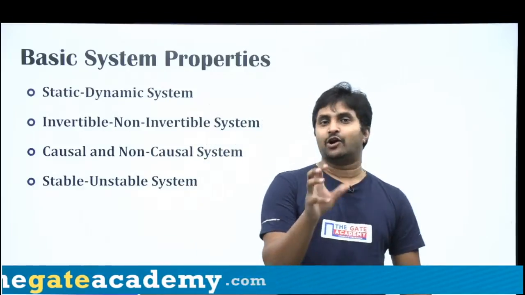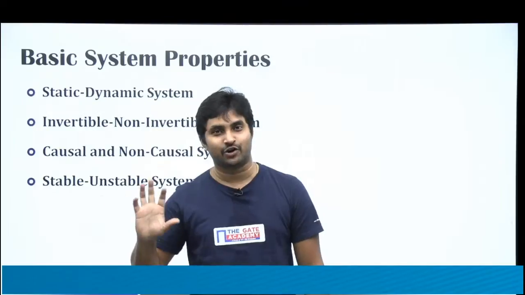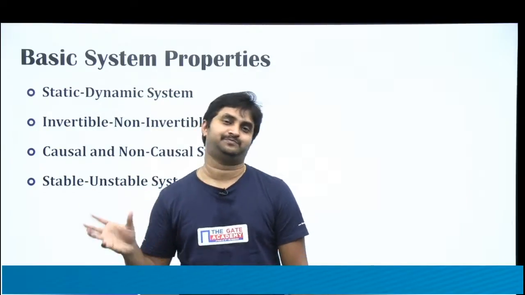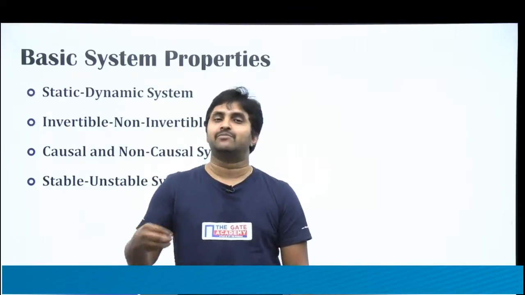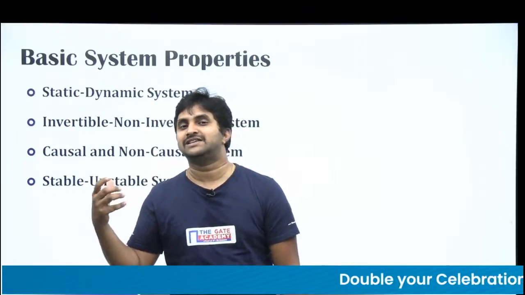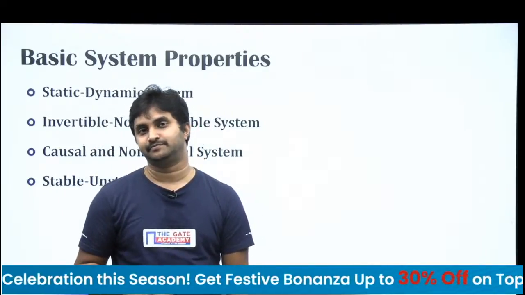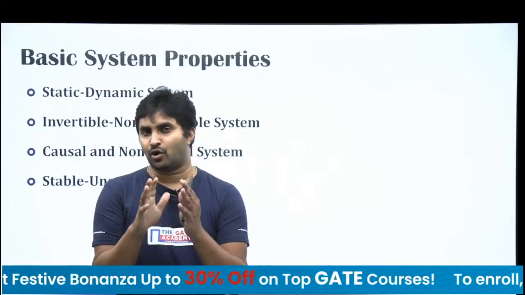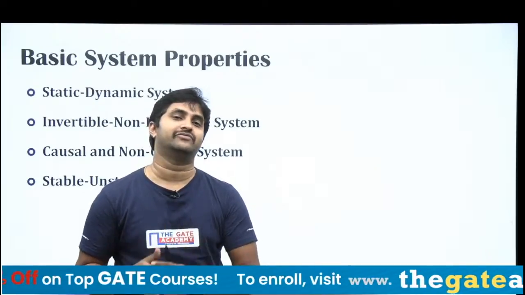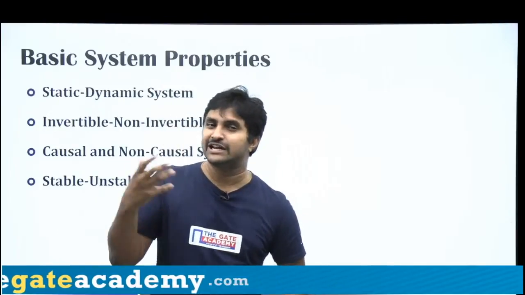So causal, cause, effect. There is some reason why something is happening. If something has happened, there should be some reason behind it, some cause behind it. So the word causal comes from the word cause.